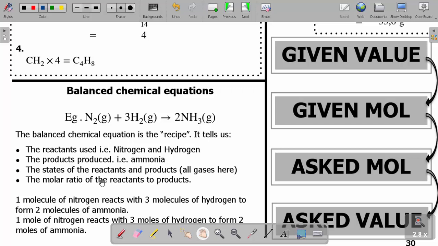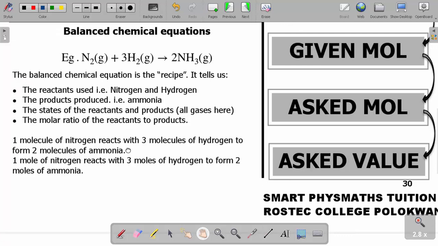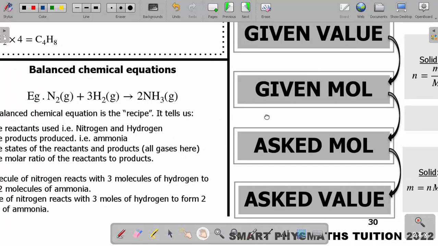It gives the states of the reactants and the products, that's all gases here, and the molar ratio of the reactants to products. For example, 1 molecule of nitrogen reacts with 3 molecules of hydrogen to form 2 molecules of ammonia. Then 1 mole of nitrogen reacts with 3 moles of hydrogen to form 2 moles of ammonia.